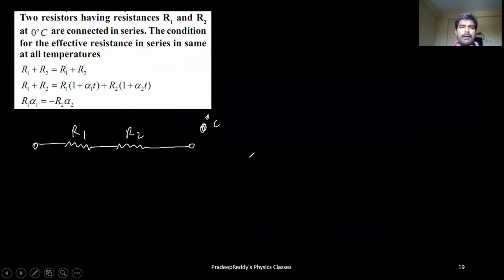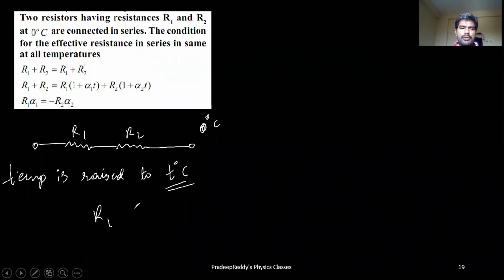Okay. Now you are increasing the temperature. As a result, your temperature is being increased to T degrees Celsius. What would happen? As temperature is increasing, R1 will be increased as well as R2 will be increased.